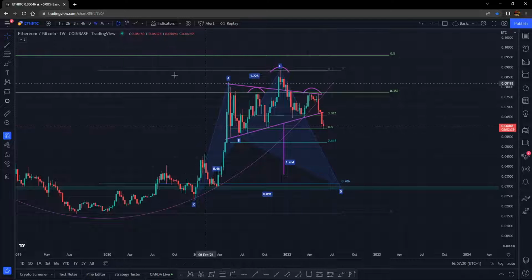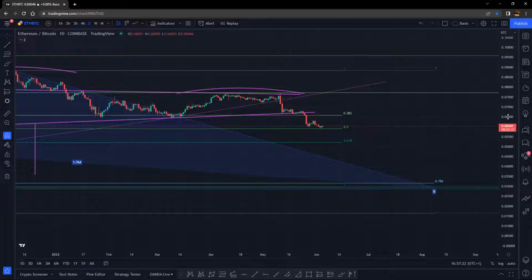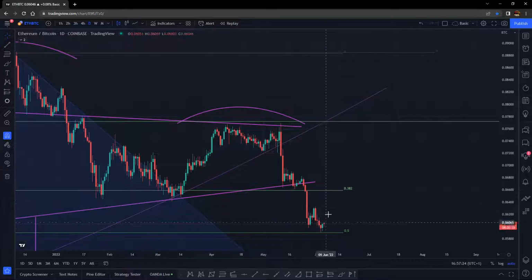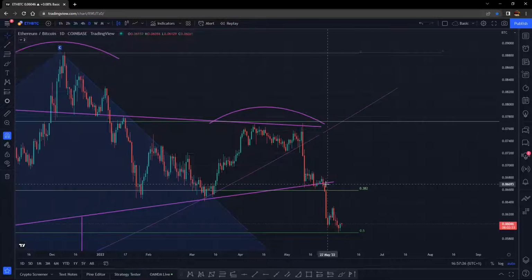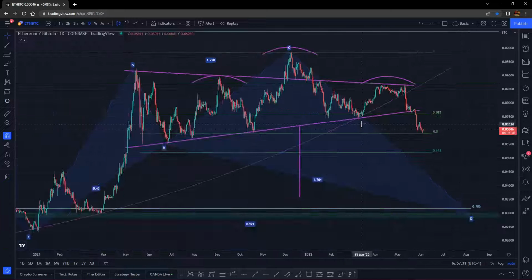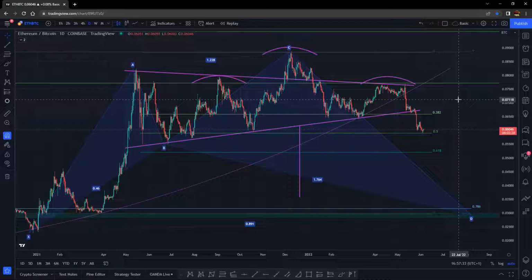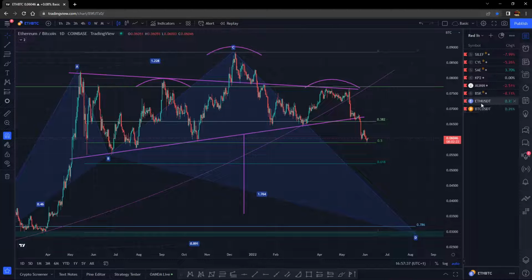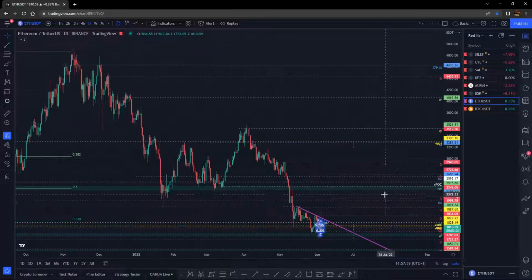But I think at the moment, because there's bullish divergence on the daily, we could be due up, maybe just retest the underside of this. So that's the BTC chart. Let me just go back to the Ethereum chart.